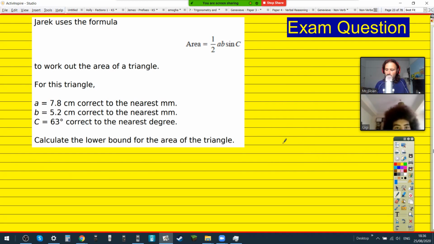Okay, exam question. A formula for the area of this triangle. 7.8 correct to the nearest millimeter, 5.2 correct to the nearest millimeter, 63 degrees correct to the nearest degree.